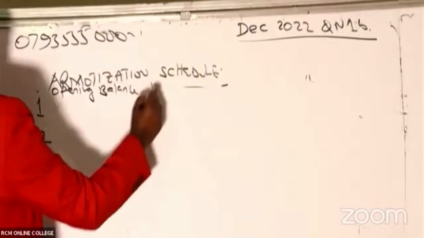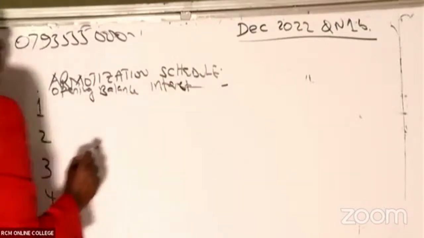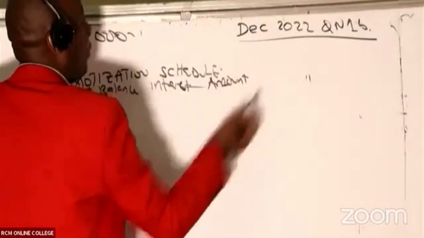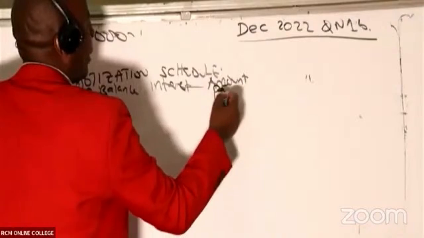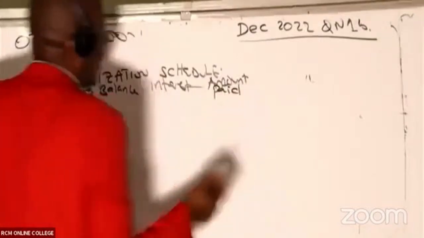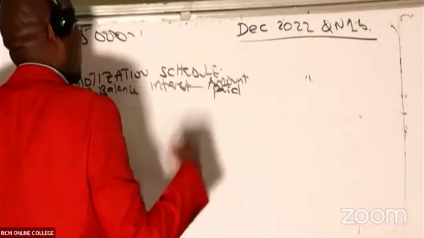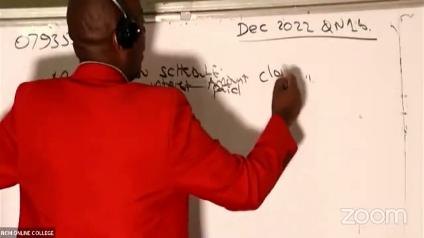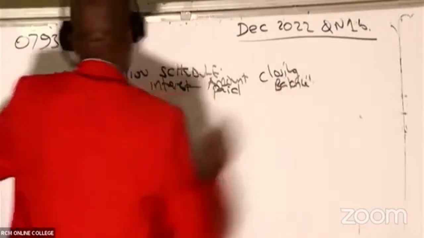We have interest; we shall call it interest income, but just write it as interest. We have the amount paid, what we have received; just call it amount paid. There's nothing much different really here. So opening balance, interest, amount paid to us, then the closing balance.